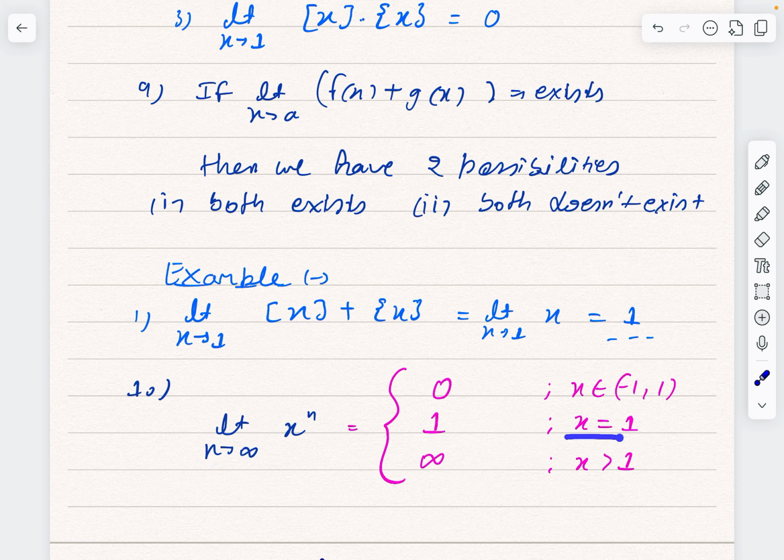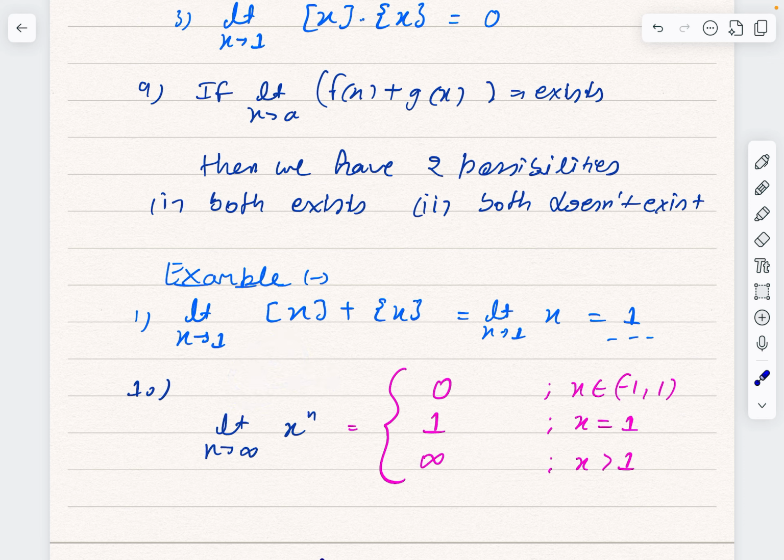When x is exactly 1, it will be 1. Now, some of you might feel like it will be 1 power infinity. That 1 power infinity thing, guys, was when it is tending to 1. We use the 1 power infinity form when this 1 is approaching 1, not exactly 1. We'll discuss this 1 power infinity thing in detail later on.